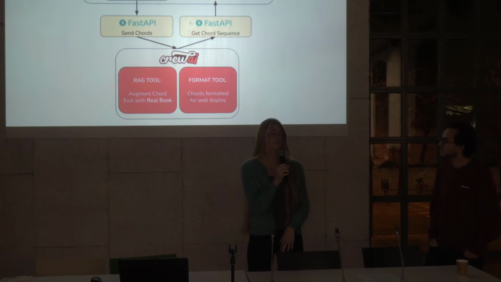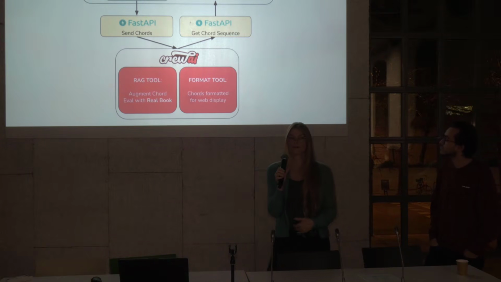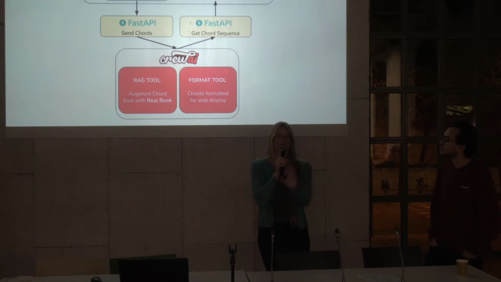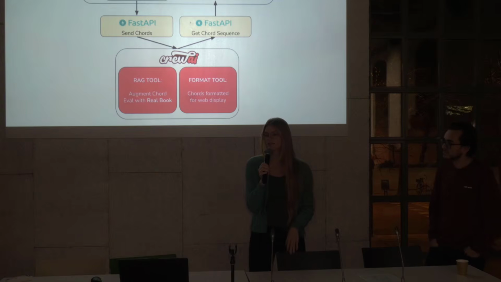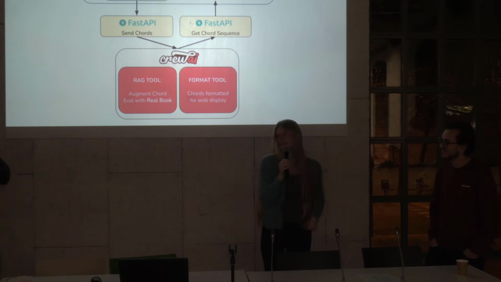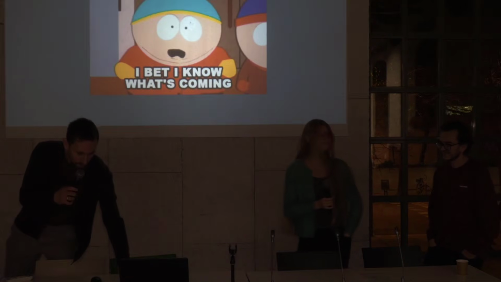And this chord sequence is then returned back to the user via the web interface, and then the humans involved can reorder chords or play them. And yes, this is how we did it.